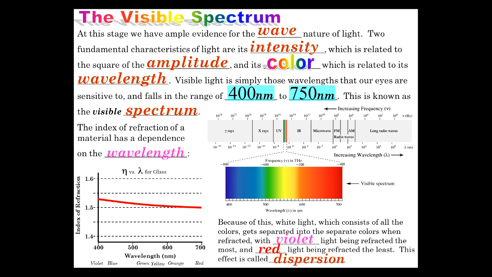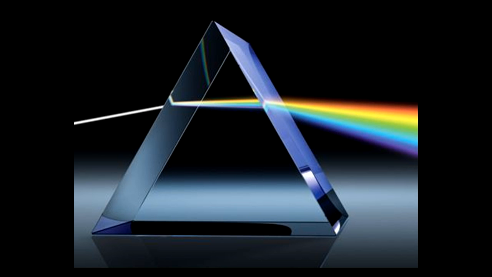And so a quick peek here, visually, at what this looks like. Here's white light coming into this prism, and that starts and refracts all the wavelengths. But notice the red is bent the least, and the violet is bent the most, and all the other colors in between.